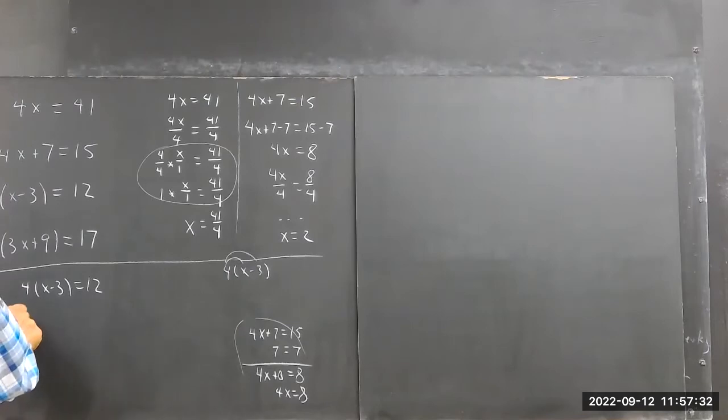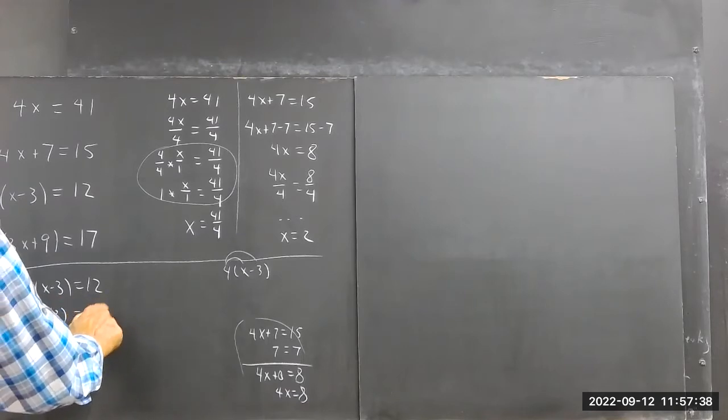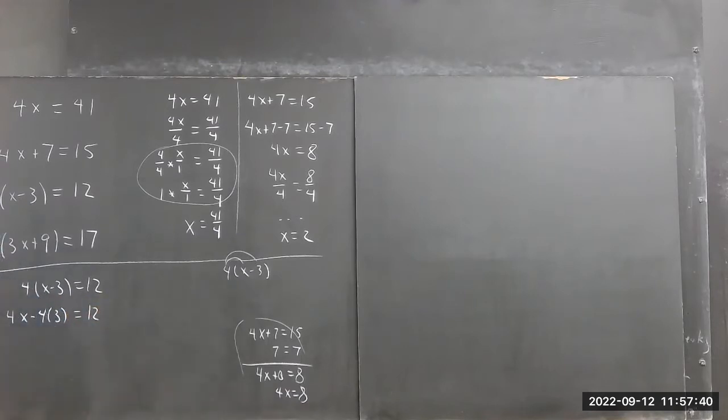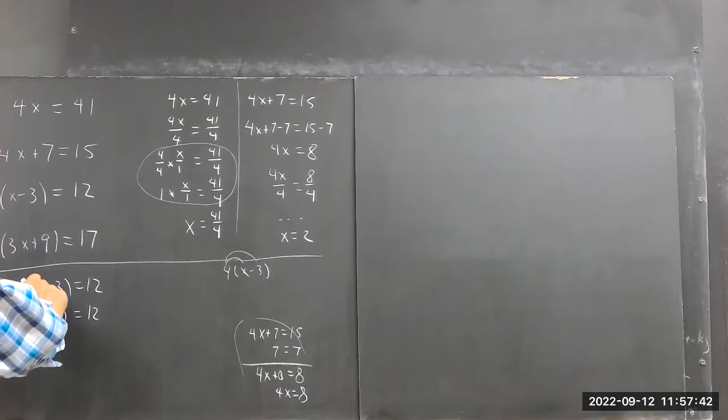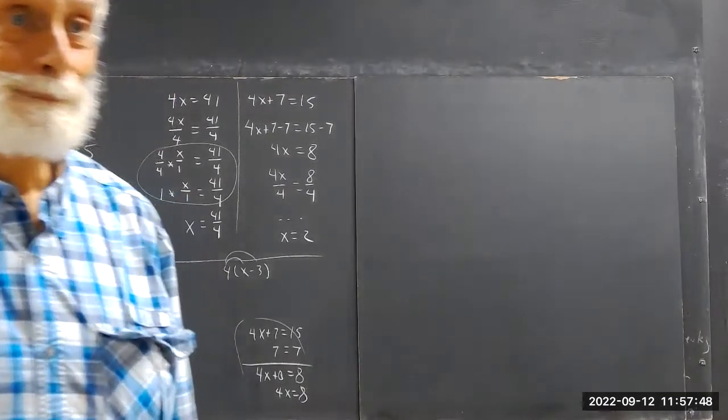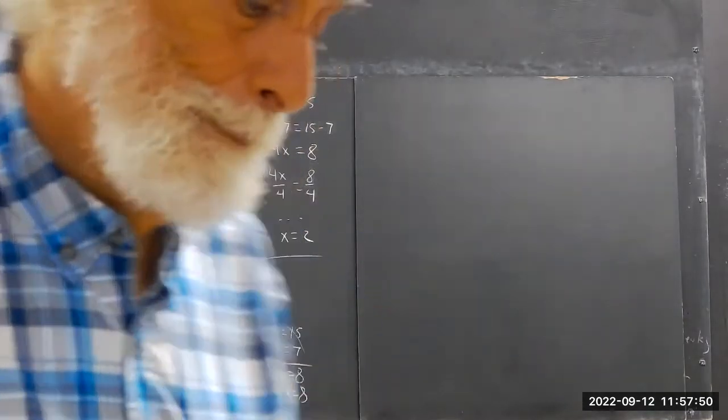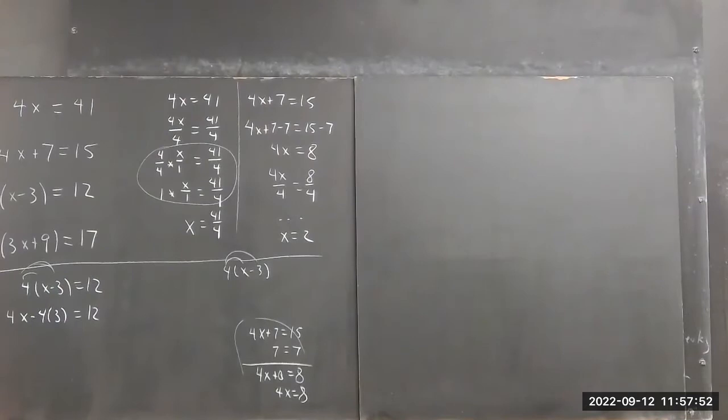Okay. So I write that as 4x minus 4 times 3 equals 12. Now, if you want to put those little marks on it, I mean, I did that. And it's all right, but I always remembered why I could do that.